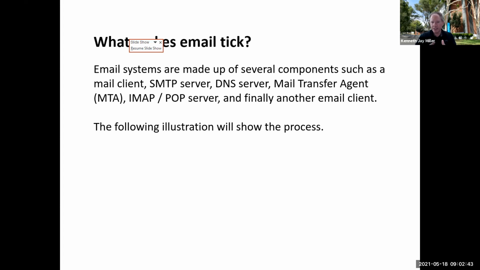And then the mail transfer agent that communicates from one server to another server. And then where is it stored on either IMAP or POP servers? And then finally, the other email client on the other end to receive and view the communication. So there's a few things going on here.